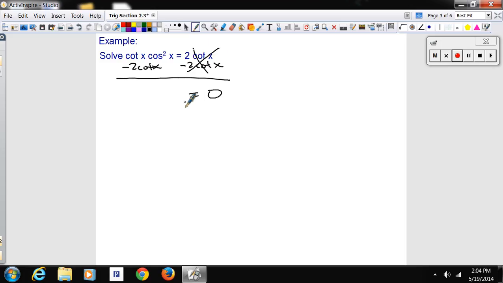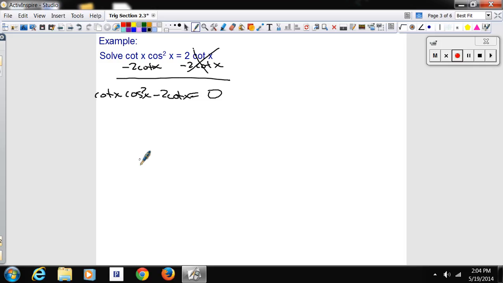When things are equal to 0, they're easier to solve, because something has to be 0 for them to multiply to get 0. Over here, you're going to get the cotangent x times cosine squared x, and then you've got the negative 2 cotangent x that we just subtracted on both sides. Now here's the important step, and you're going to need to do this on your test.